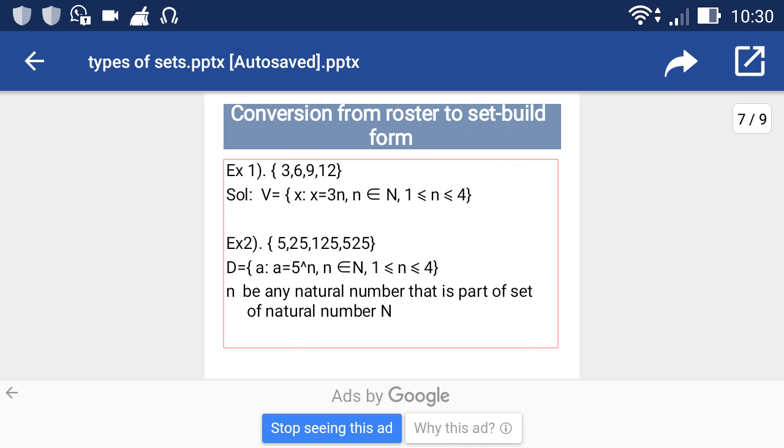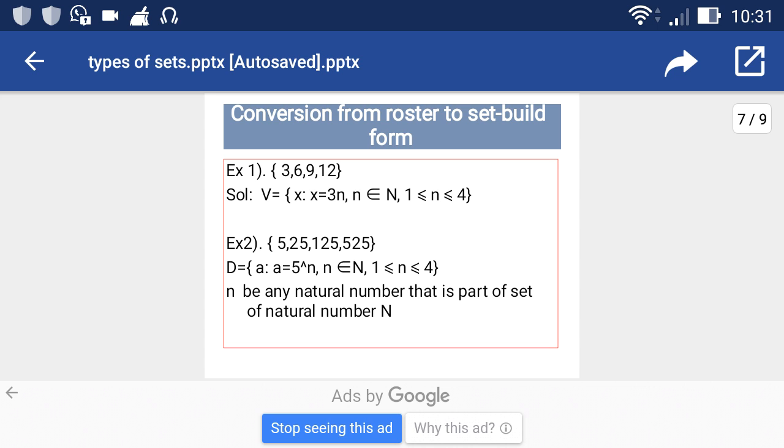Let us take conversion of roster form to set builder form. In example 1 we have 3, 6, 9, 12. Here all elements are multiples of 3, so x should be 3 times n. If I put n as 1, it gives the first element 3; 3 into 2 gives 6; 3 into 3 gives 9; and 3 into 4 gives 12.